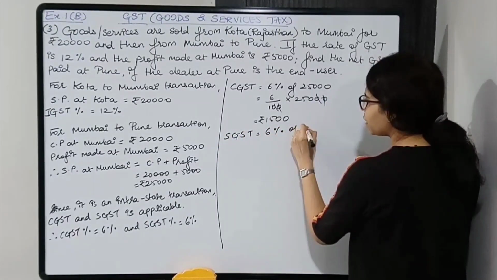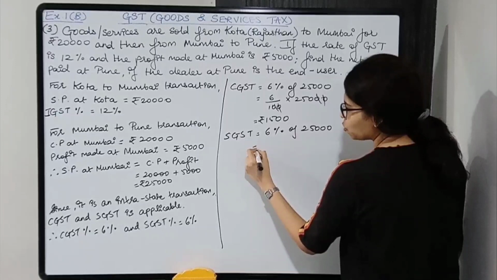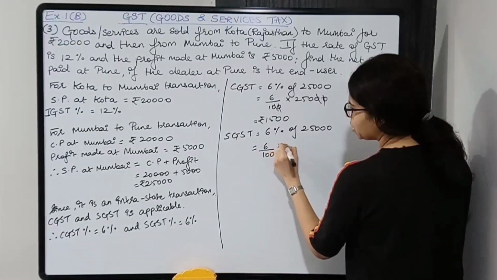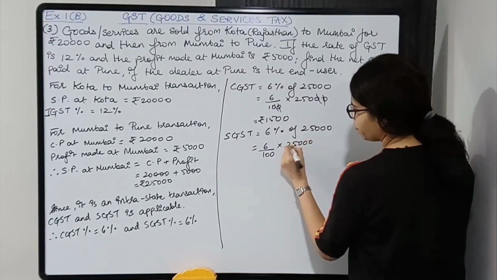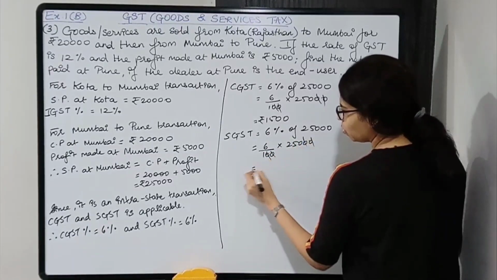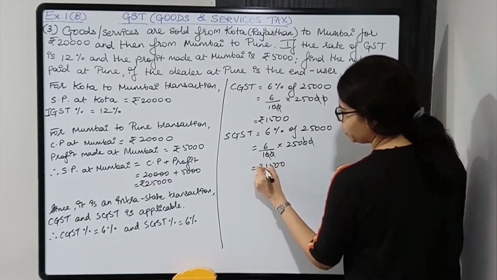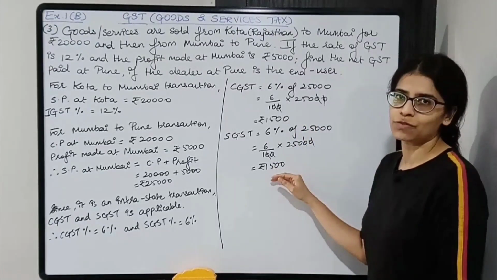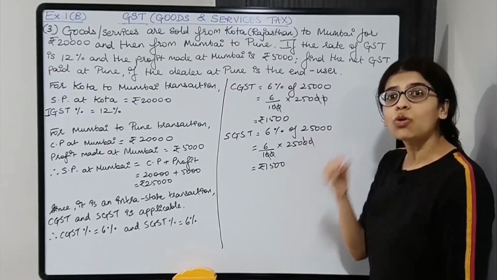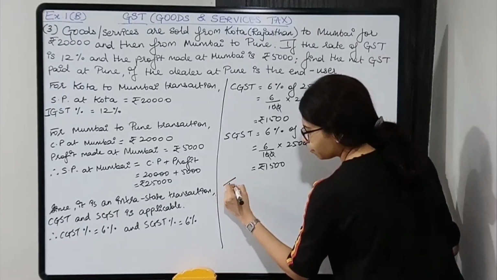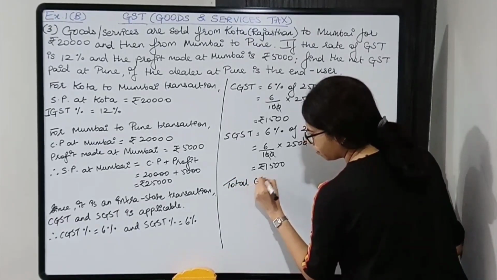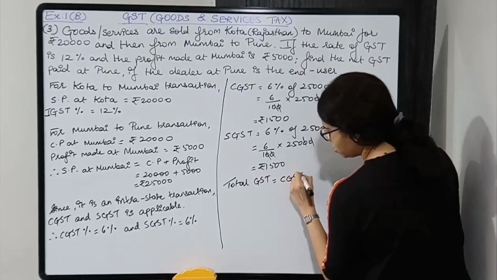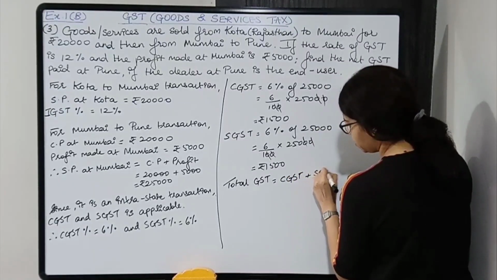Same thing for SGST, same calculations hoga. 6% of 25,000. So 6 upon 100 of means into 25,000. 0 0 0 0 cancel ho gaya, so 1,500 rupees. Okay. CGST 1,500, SGST 1,500. Okay. So total GST is CGST plus SGST.